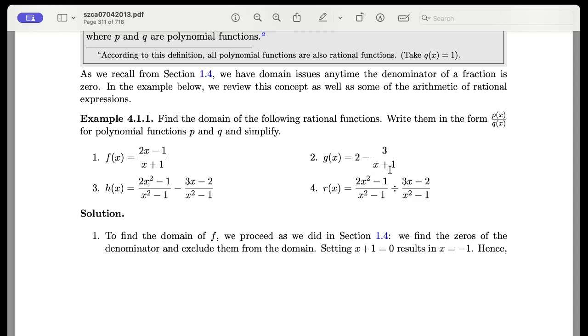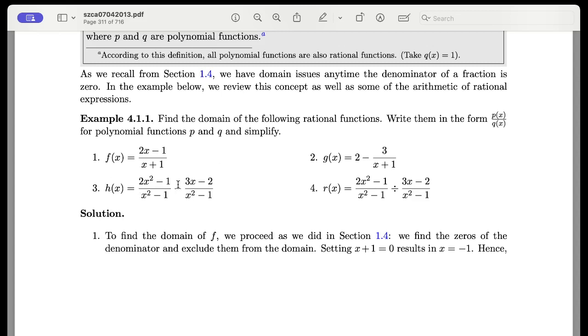I guess the way we should think of it is, it's not that it has to be handed to us in the form of p of x over q of x, but rather we could put it in that form if we wanted to. So could we make this one in number 2 look like a p over a q? Yeah, you would just have to put them over a common denominator and do the subtraction. So yes, that could be done.